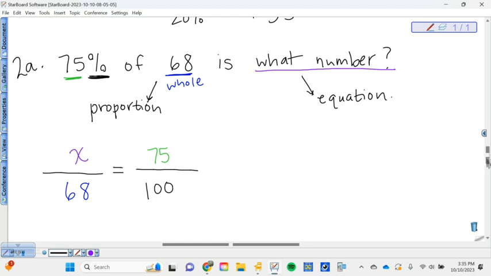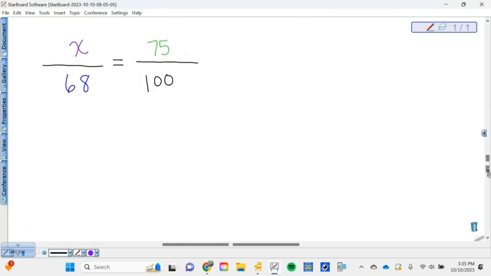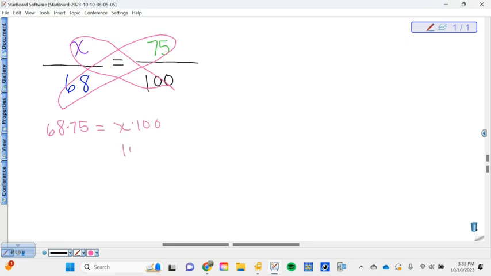So now I have my proportion. And now it's really easy to solve. How do I solve a proportion? Butterfly method. So I take 68 times 75. And I take x times 100, and I set those equal to each other. Exactly, so that's 100x. What's 68 times 75?